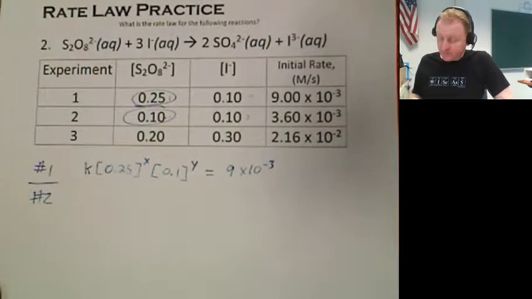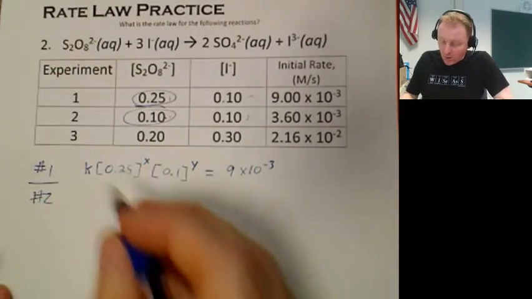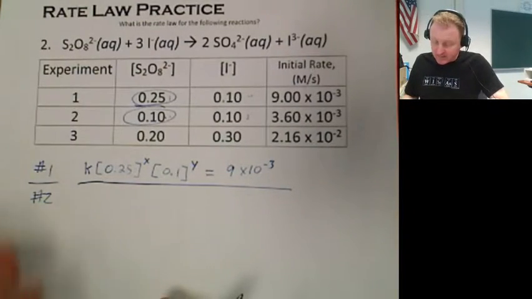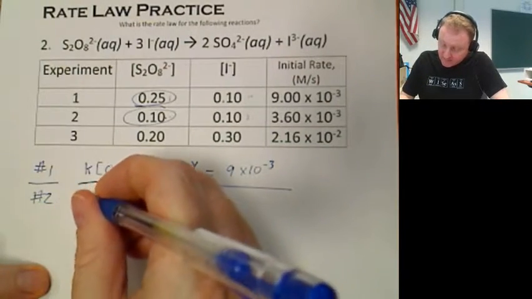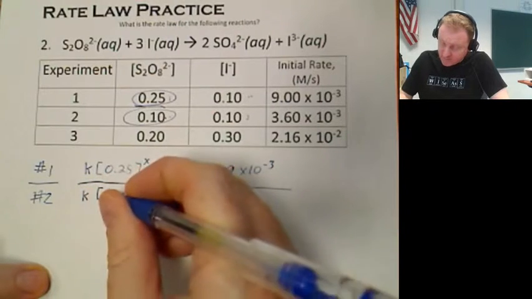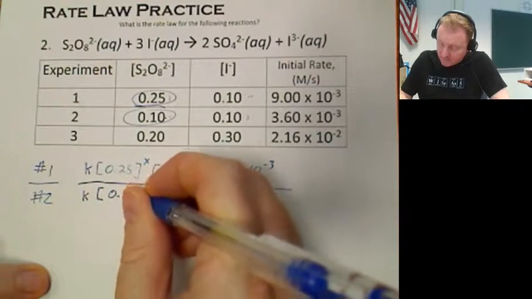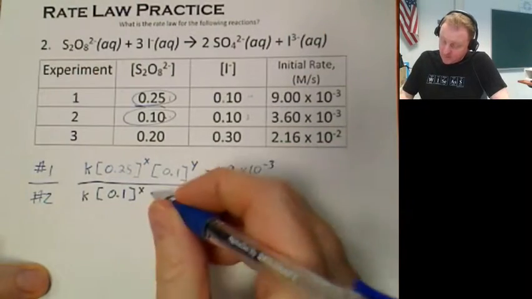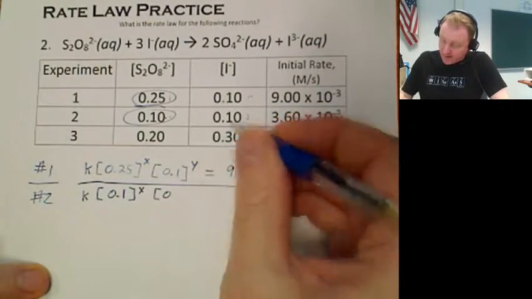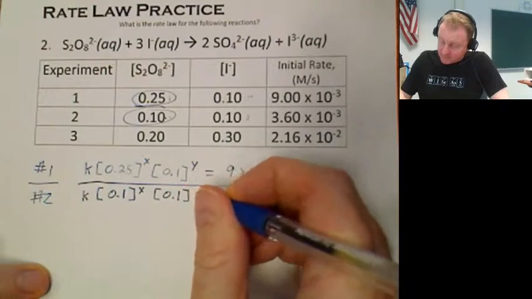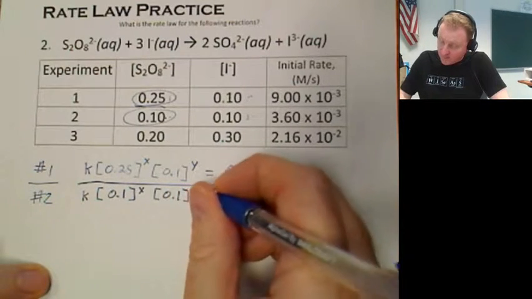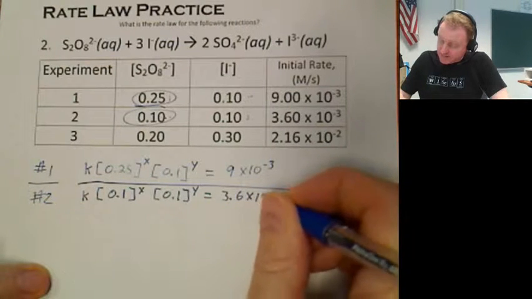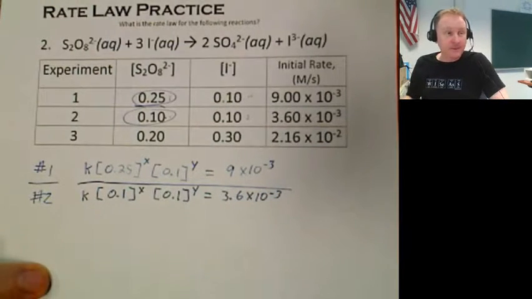Now, I'm going to divide this by the second reaction. So that's also k times the first one, 0.1 to the x power, and the iodine is 0.1 to the y power, and that equals this rate, 3.6 times 10 to the negative third.